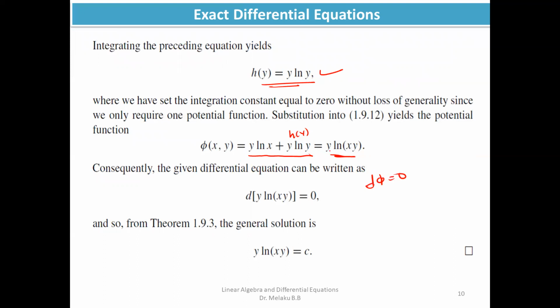So in this case, our phi is y ln xy, and y ln xy equal to 0, which means y ln xy is constant. And like this is an implicit solution, implicit because here we have y, and we also have y here. So this is treated as the general solution for the exact differential equation given to me.